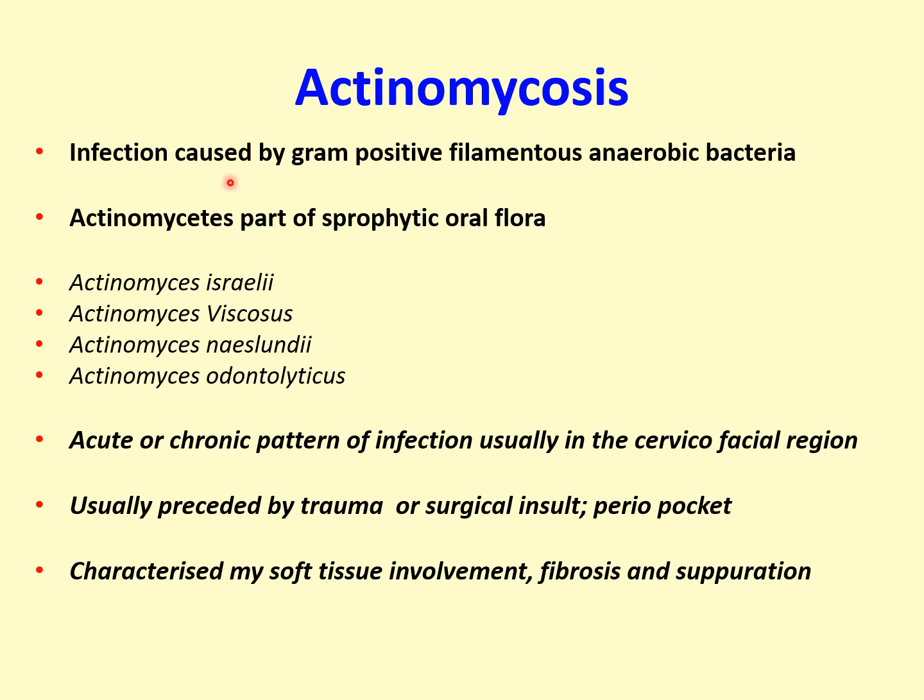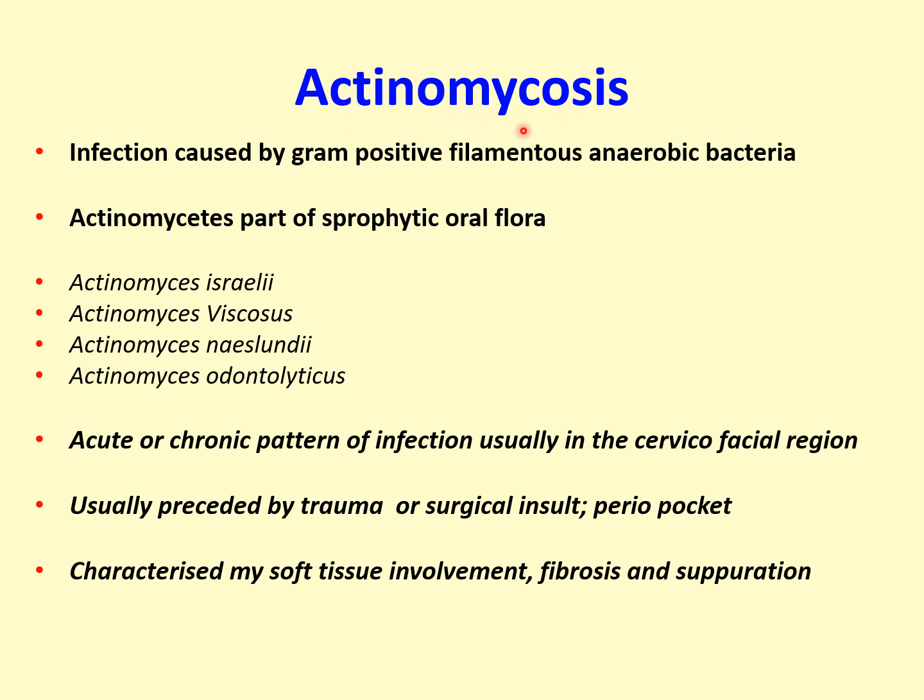Actinomycosis is an infection caused by gram-positive filamentous anaerobic bacteria. Because these filamentous bacteria form colonies which simulate fungal growths, this infection was initially thought to be a fungal infection, hence the term mycosis, which is to do with fungal infections.